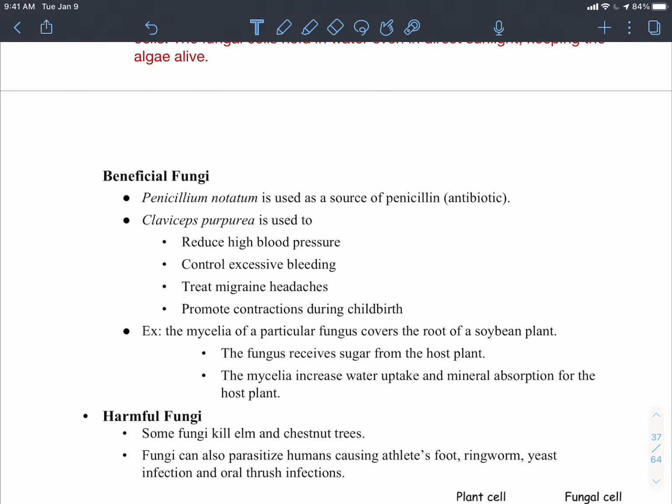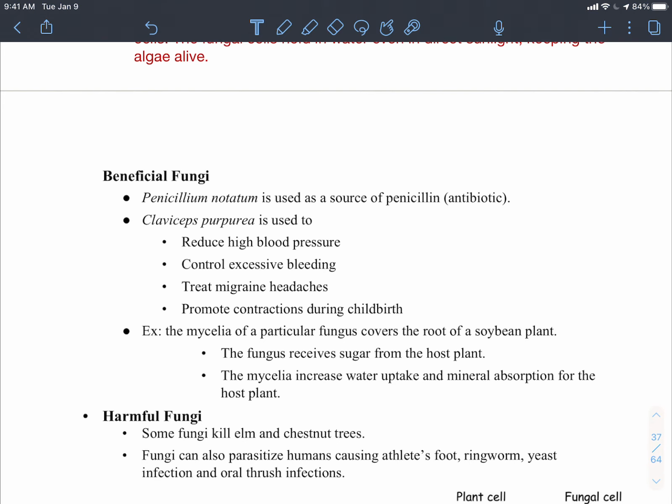Claviceps purpurea is also used. It's also a fungus that has been used to derive a high blood pressure medicine. That is also used for controlling excessive bleeding and promoting contractions during childbirth. It's actually thought to be extremely essential to modern birthing.